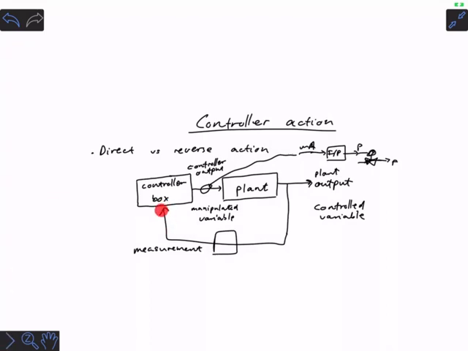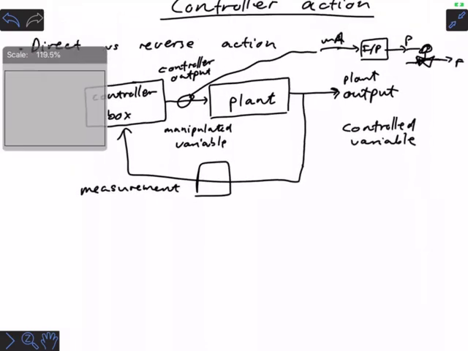And it's important to remember that the controller box, in general, does not in fact see the actual value of the controlled variable. Is that also clear to everybody? Just because of all of the stuff that's in between, we can basically never truly know exactly what the value of the controlled variable is. We can try, but we can't actually know.